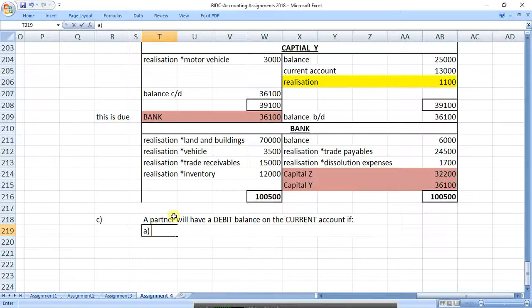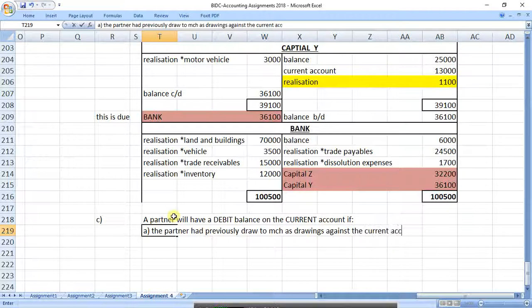They drew too much. There we go, there's one reason. The partner had previously drawn too much as drawings against the current account. Okay, so too much drawings would have a debit balance. What else?